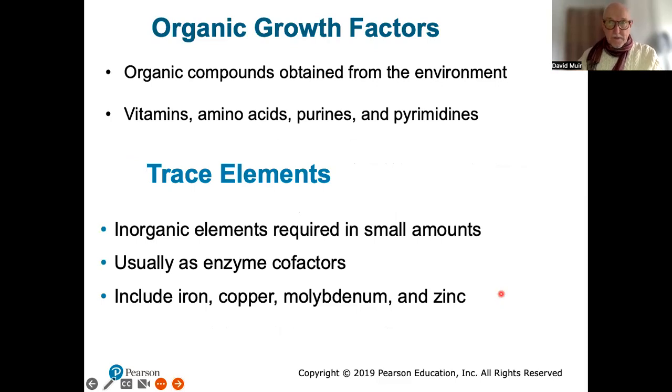Bacteria also often require the presence of certain already created organic compounds. It depends on the bacteria. Many bacteria, if they're provided with an inorganic source of all of those elements, nitrogen, phosphorus, sulfur, and so on, are able to create all of their necessary molecules. That is not always the case.